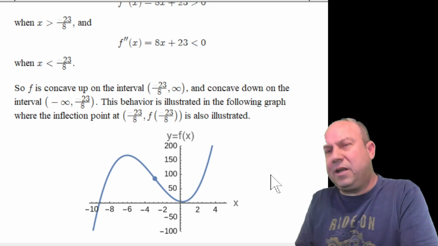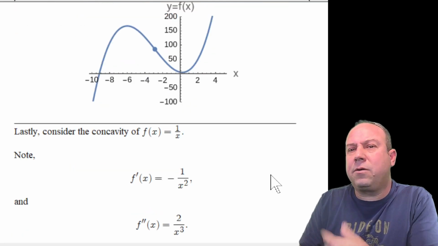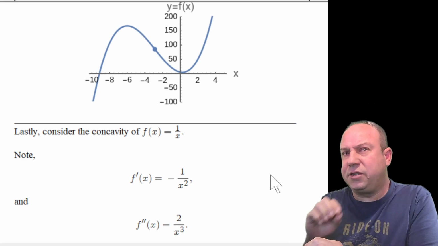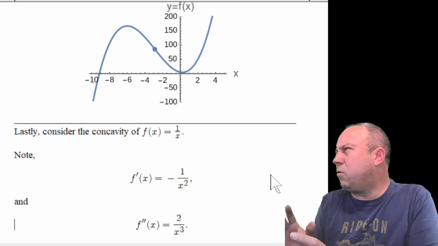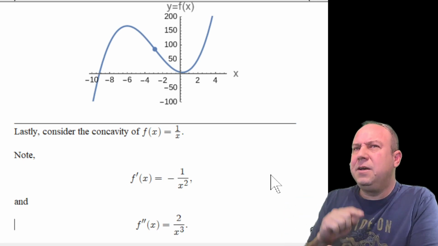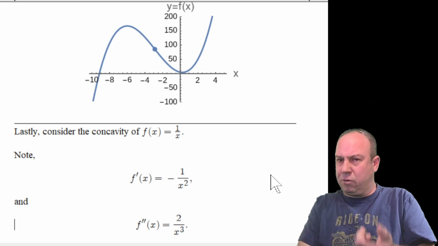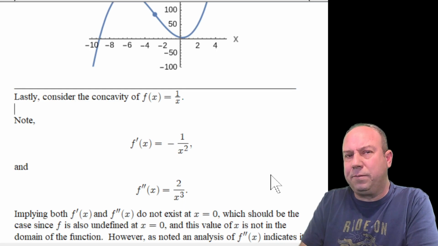Now, I did say I wanted to include one other example. In this case, I wanted to look at when we encounter locations of inflection, and I should be careful with this. We do call them in general inflection points, but that's why I changed the notes above into just a location of inflection, because of what we see here in this next example.